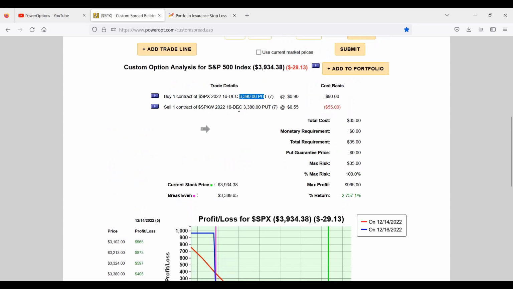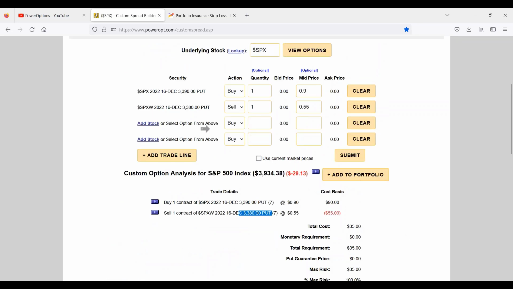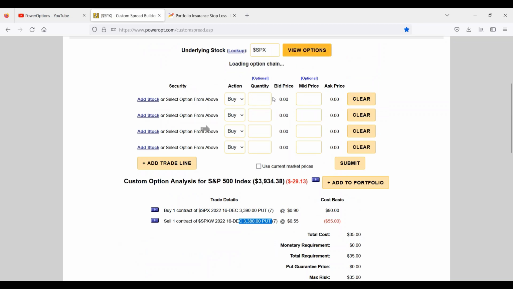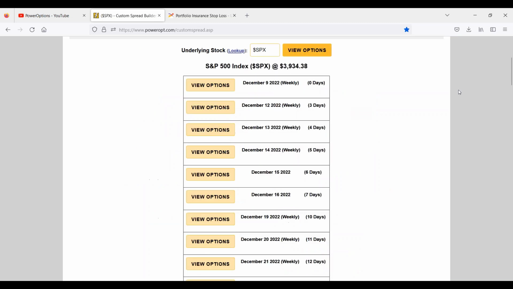I'm sorry, it wasn't the 33.80 and the 33.90. It was the 38.90 and the 38.80. That's why that looks so off. Let's clear that up again. Let's show you what he did do correctly, and then we'll come back to the discussion at hand.